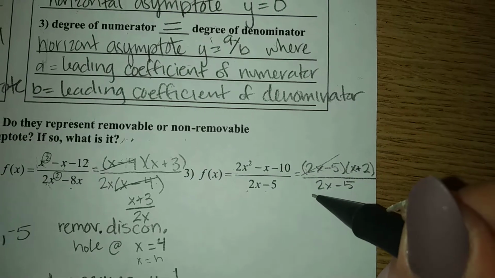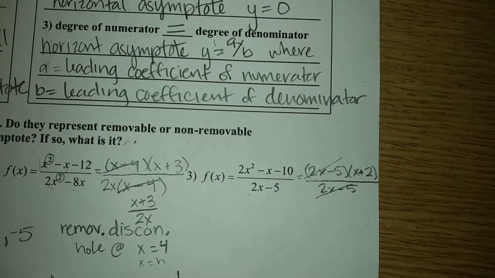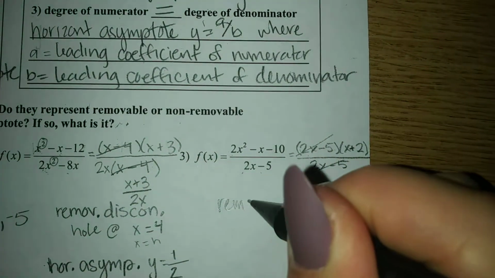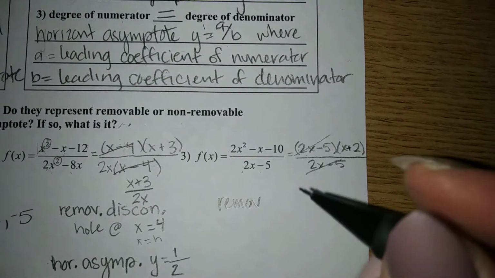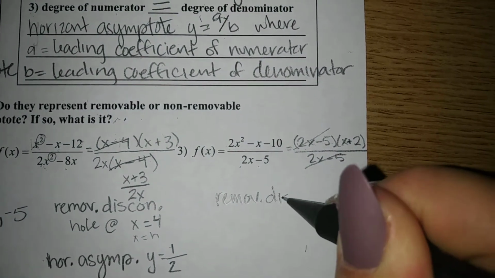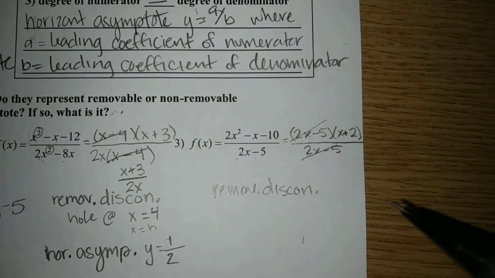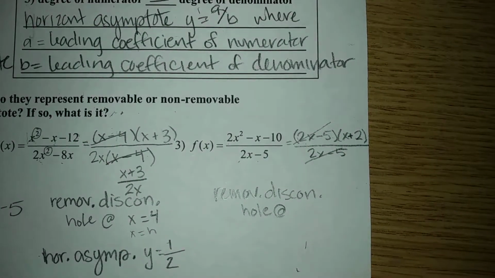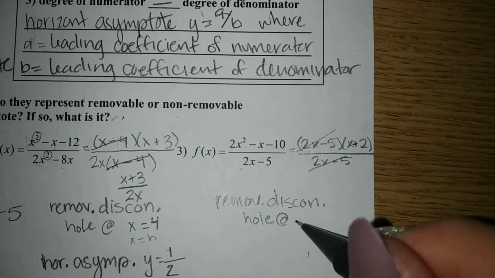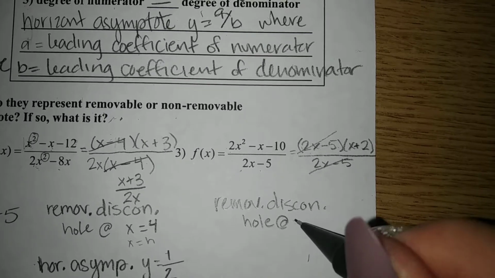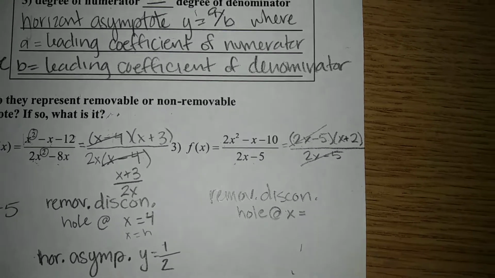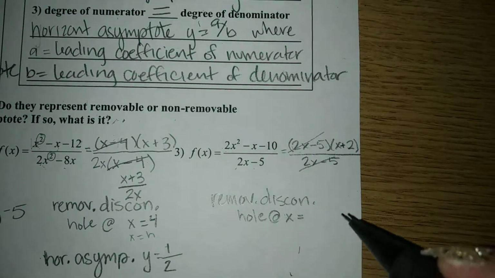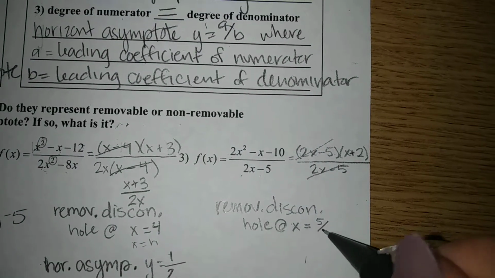Hey, look at that. I have removable discontinuity. So now I'll say removable discontinuity, which gives me a hole at x equals 5/2.